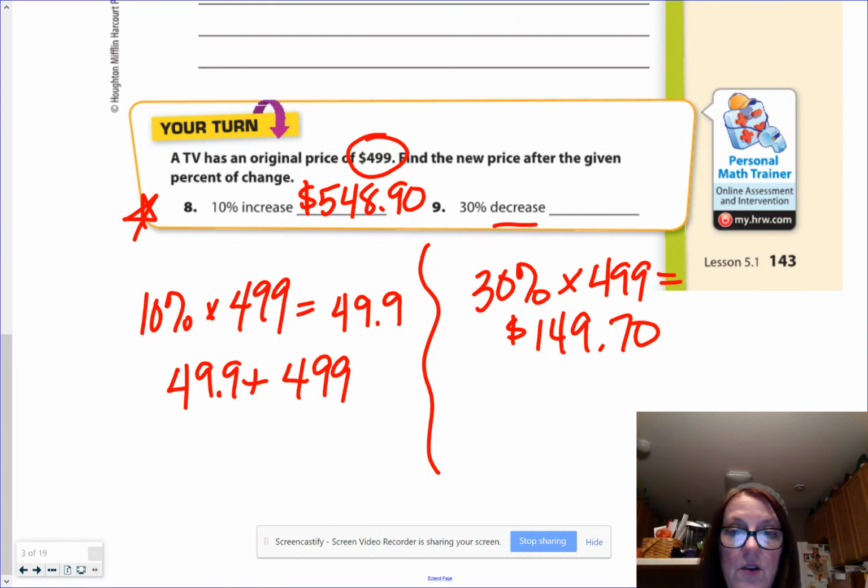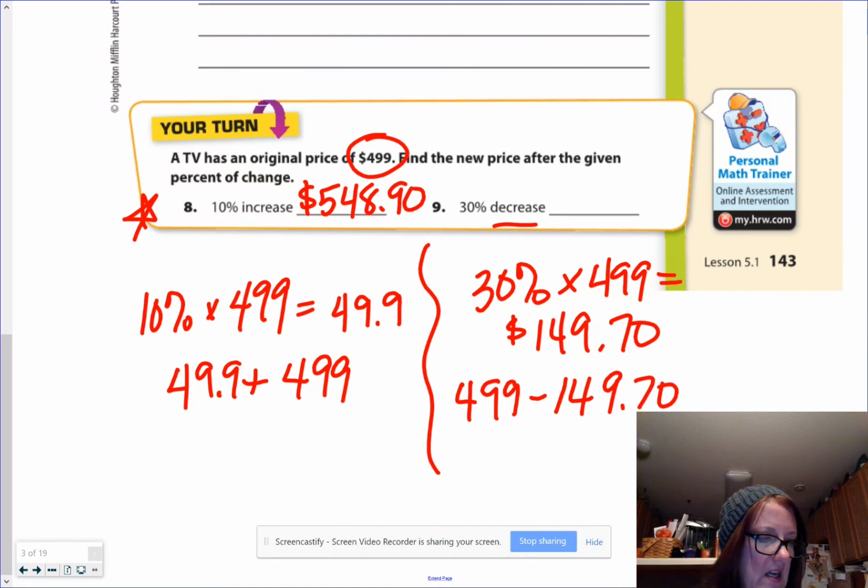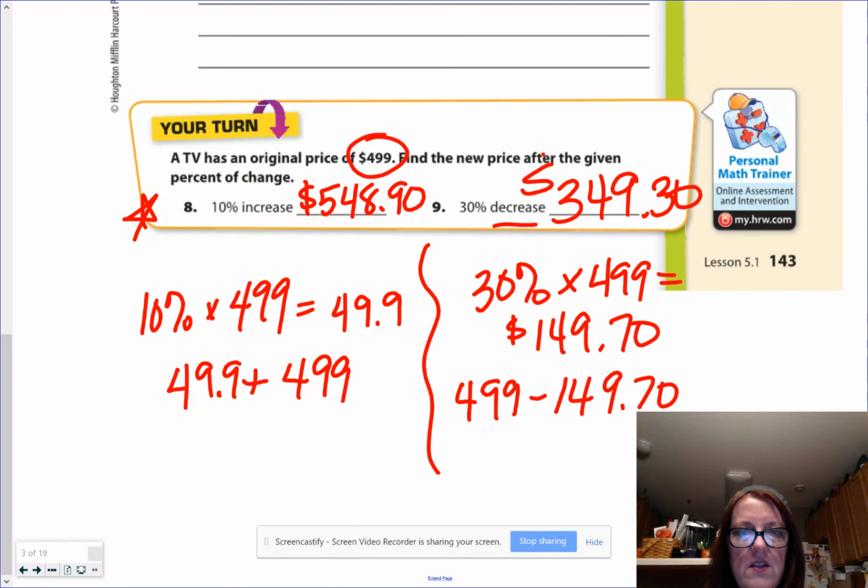But this is a decrease. That means I get to subtract that from the original $499, which is awesome because that's giving me a nice hefty discount on this TV. So now my sale price should be $349.30. Make sure you label it.